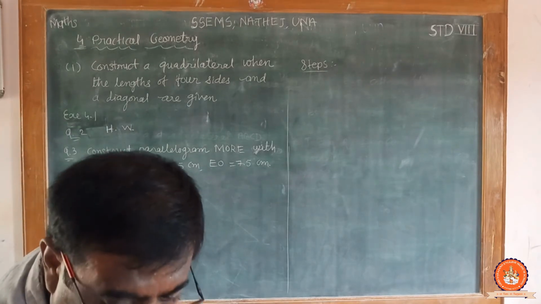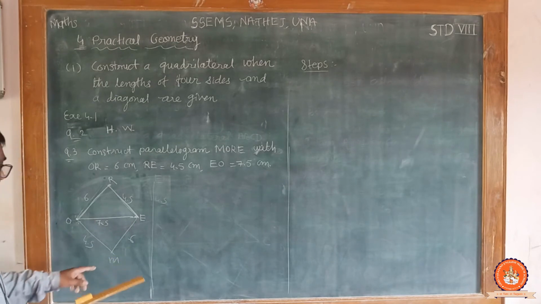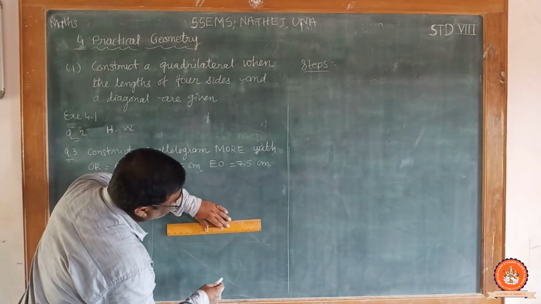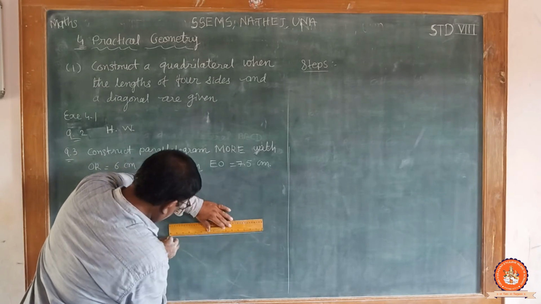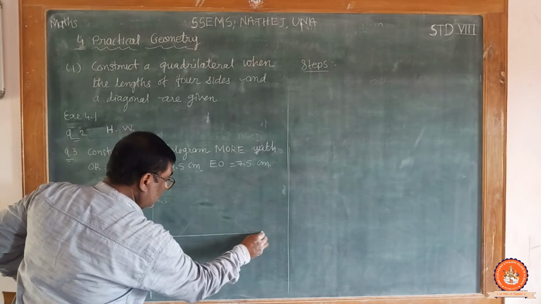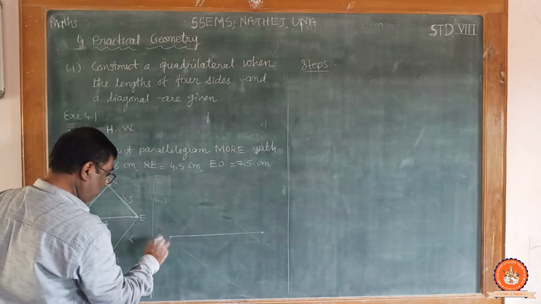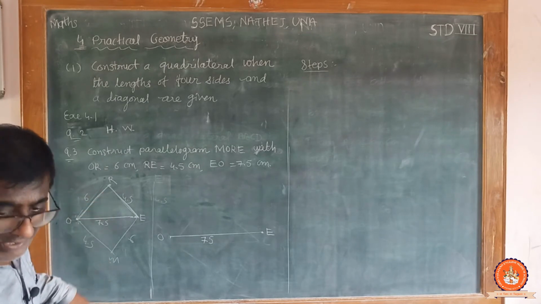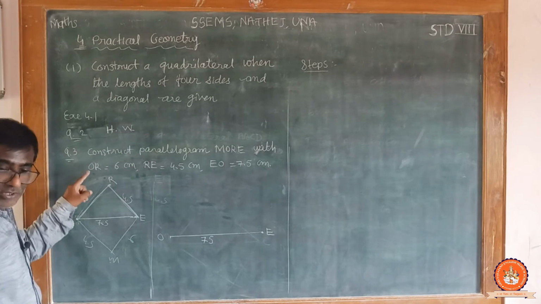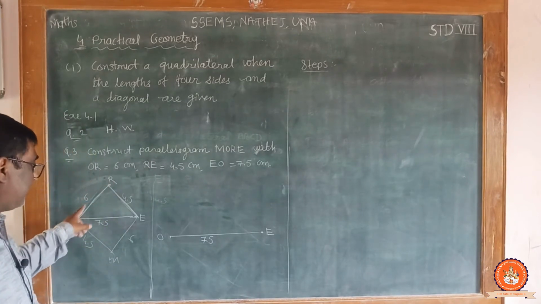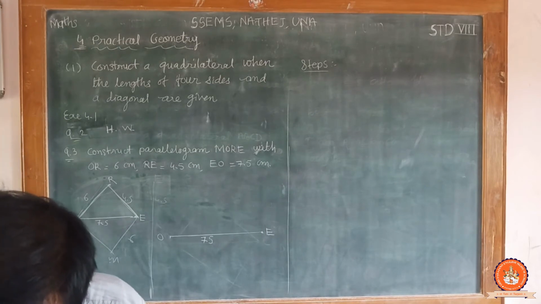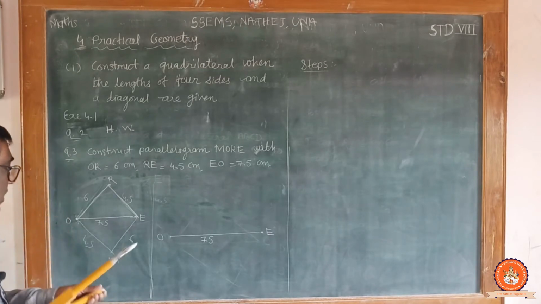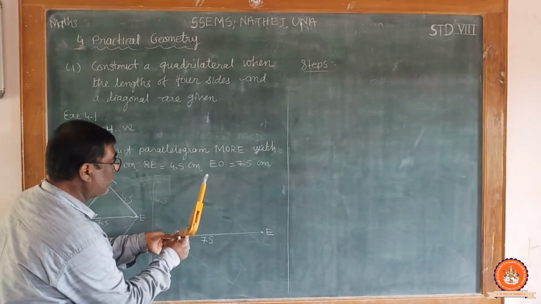Okay, now let us start. It's a 7.5 centimeters long OE, MORE. This is OE, which is 7.5 centimeters. Now we want to find R. OR is 6 centimeter, so taking O as center and radius equal to 6 centimeter, we draw an arc.